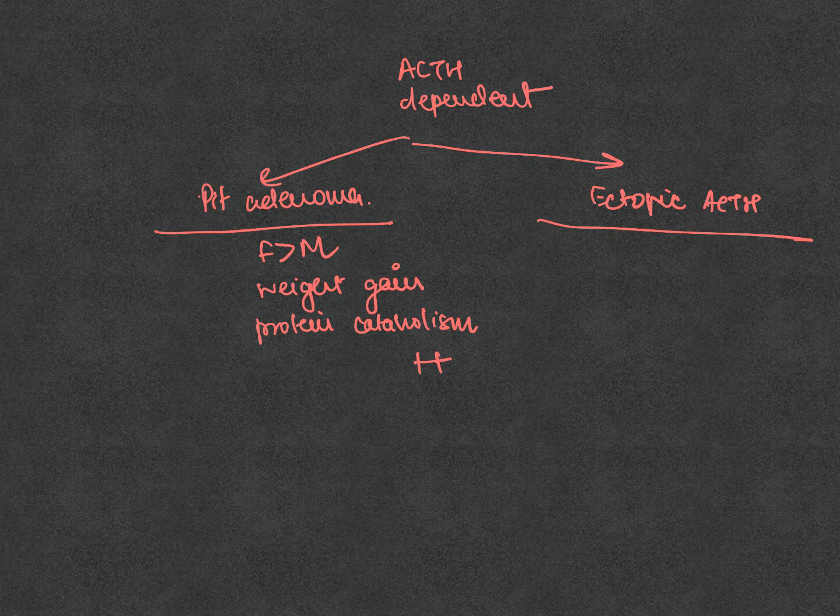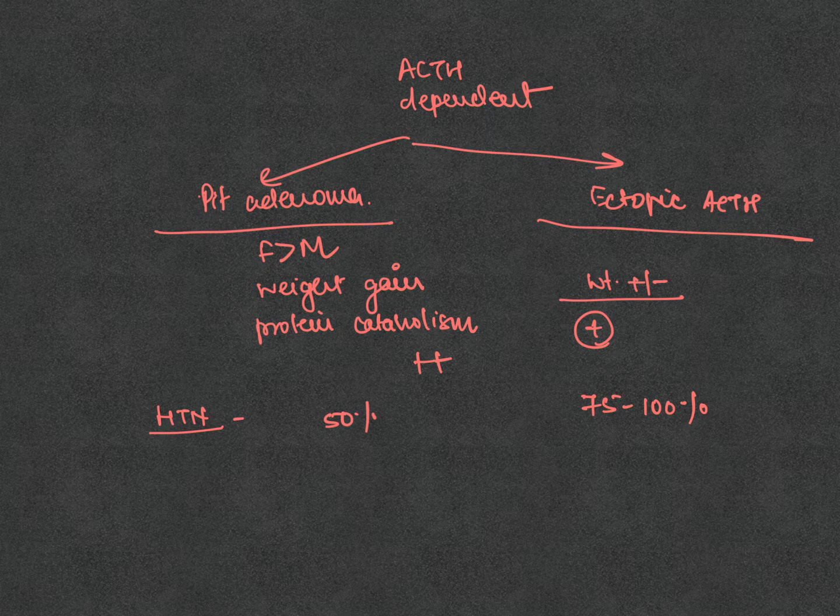While here, weight gain may or may not occur, and protein catabolism occurs, but to a lesser extent. Hypertension is seen in around 50% of the cases, while hypertension in ectopic ACTH is seen in around 75 to 100% of the cases. This is a very, very important point.